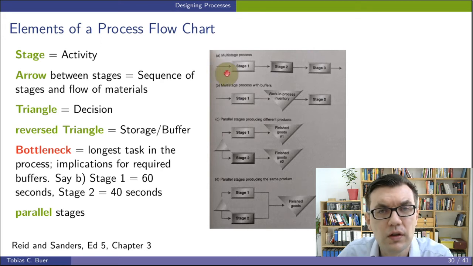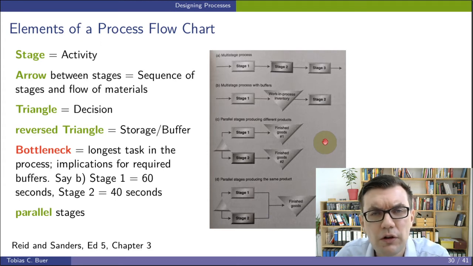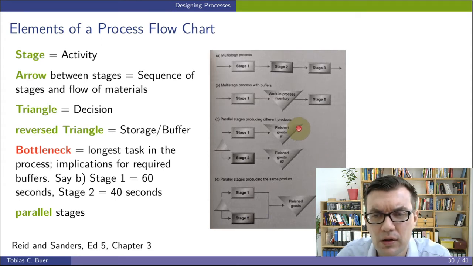First of all, you see the arrow that is connecting the symbols typically, the other symbols. You see the rectangles, the boxes, written with stage 1, stage 2, stage 3. And we see two different types of triangles.